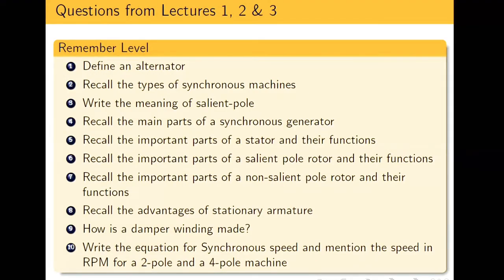Do you all know the cognitive levels? If somebody can respond, what are the cognitive levels of our teaching learning process which we are discussing? Remember level, understand level.